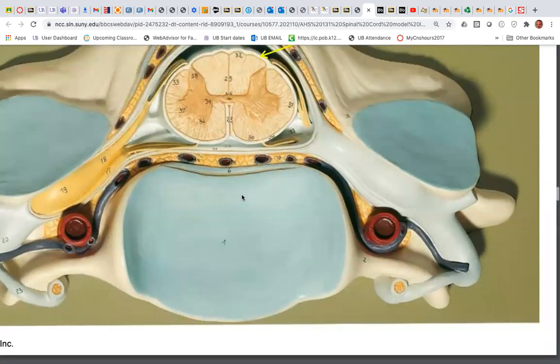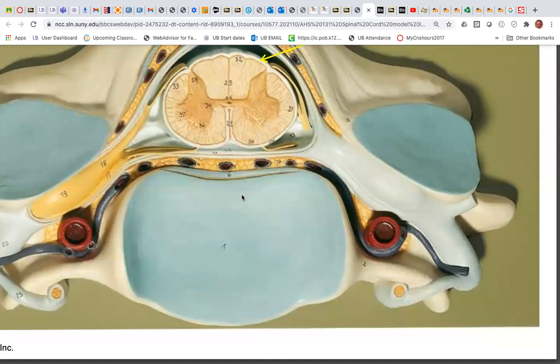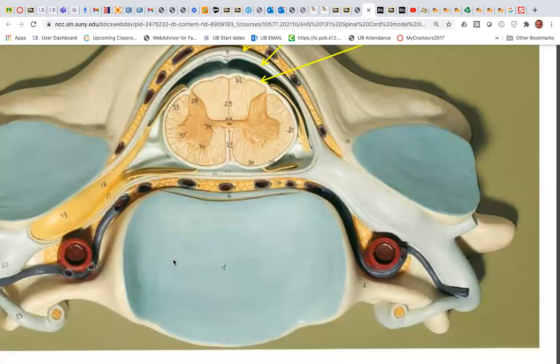So when you hear of someone has a herniated disc or a bulging disc, you can understand why if the disc is here and it starts to push back, it hits the PLL, and if the disc still pushes back, then it hits the meninges, and if it still pushes back, it hits the spinal cord. Ouch.